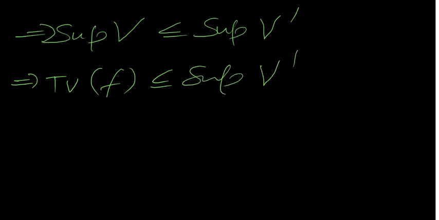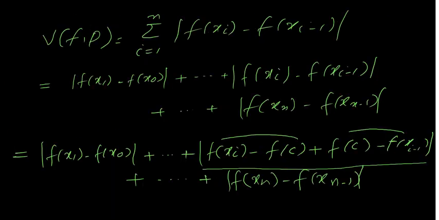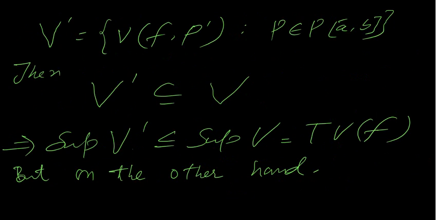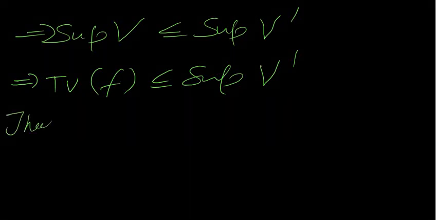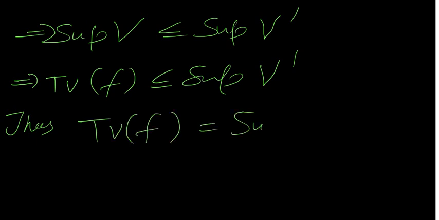But earlier we have seen that the supremum of V dash is less or equal to the total variation. So thus the total variation of F is equal to the supremum of V dash. Now here the partition is a partition of the interval AB that contains the particular point c.